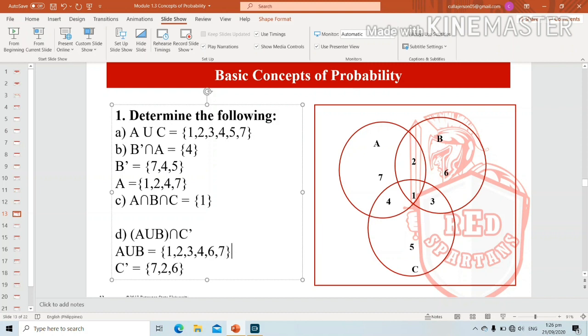So, intersection yung hinahanap natin. So, common sa A union B at C complement ay merong 2, merong 6, at merong 7. So, ibig sabihin 2, 6, and 7. So, yan yung ating answer.